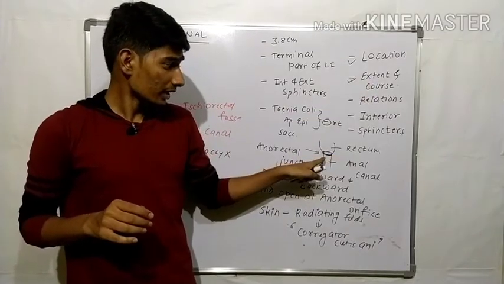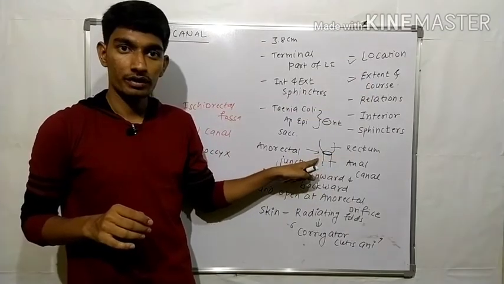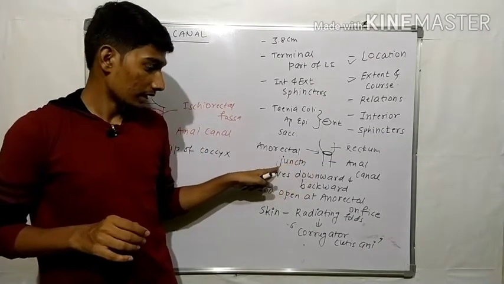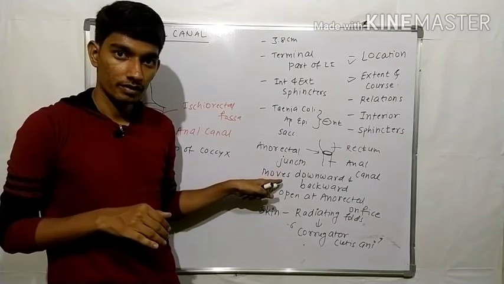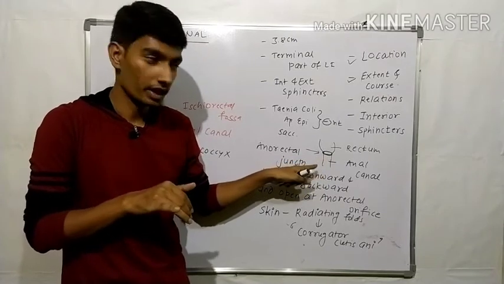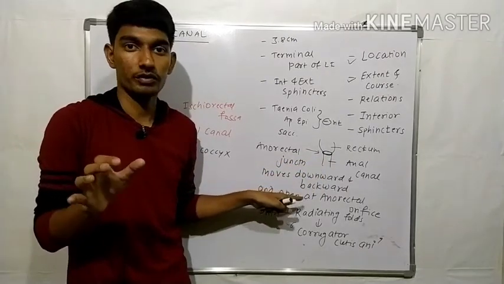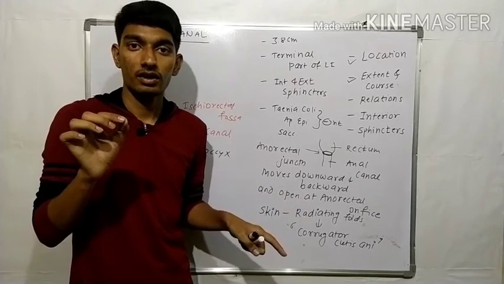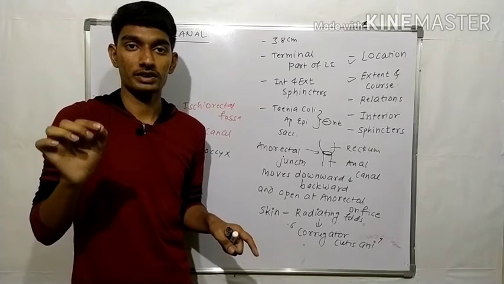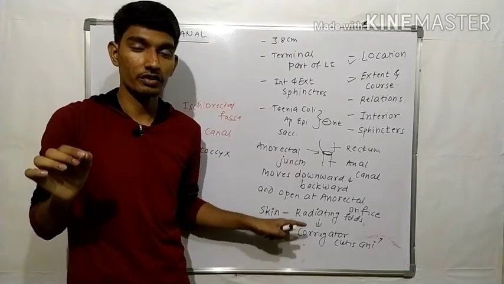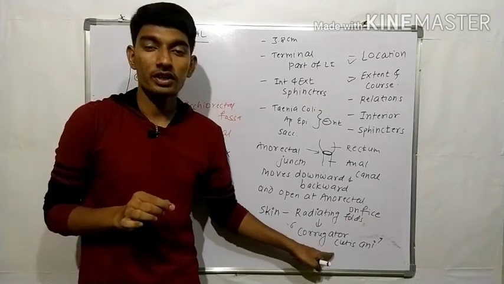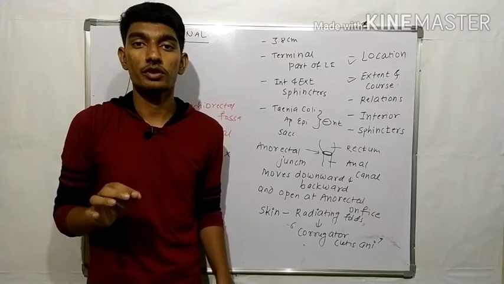Extent: it starts at the anorectal junction, moves downward and backward, and opens at the anorectal orifice. The skin surrounding the anal orifice is thrown into radiating folds due to the pull of the corrugator cutis ani.